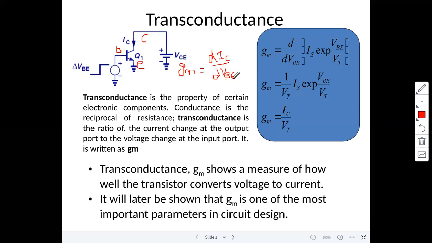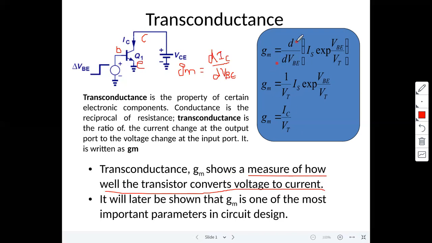Transconductance is a measure of how well the transistor converts voltage to current. Already you know that one of the main applications of a bipolar junction transistor is as a voltage to current converter. Okay, gm is a parameter which describes how the transistor converts voltage into current.